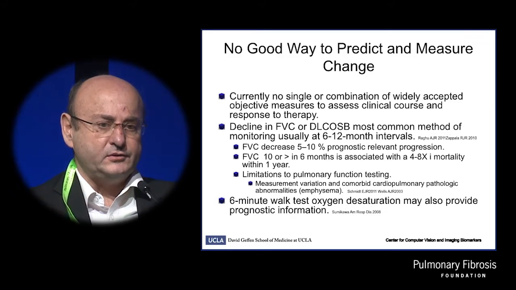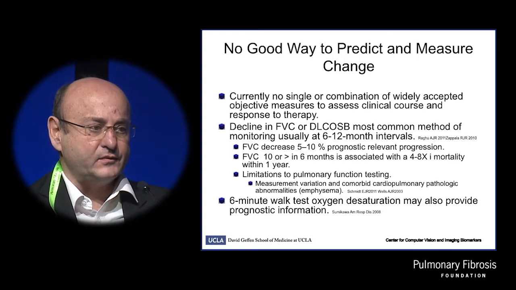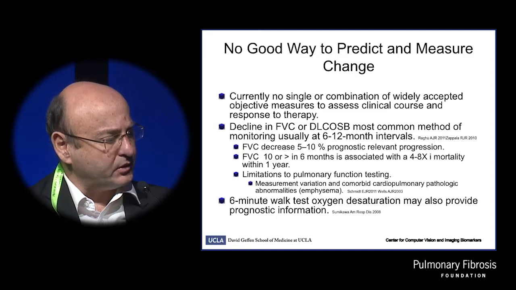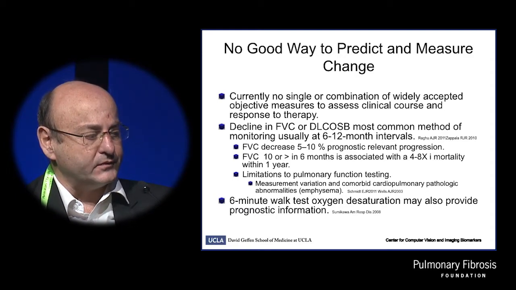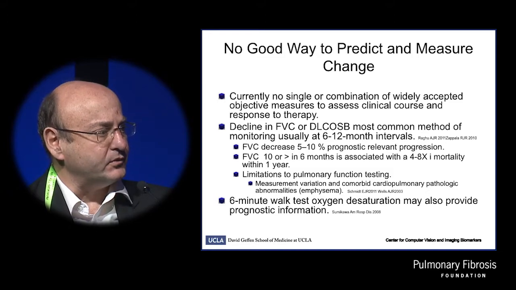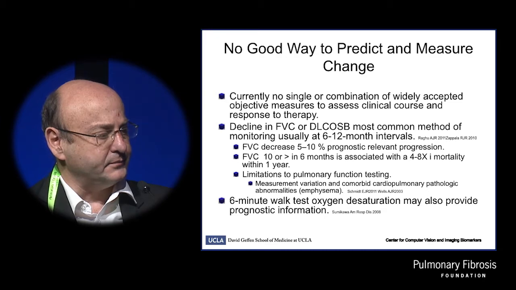But there are some limitations to pulmonary function testing, and the reproducibility in itself has some challenges, although these things have been dealt with as best they can. The 6-minute walk is very popular in certain settings as another way to provide prognostic information over time.